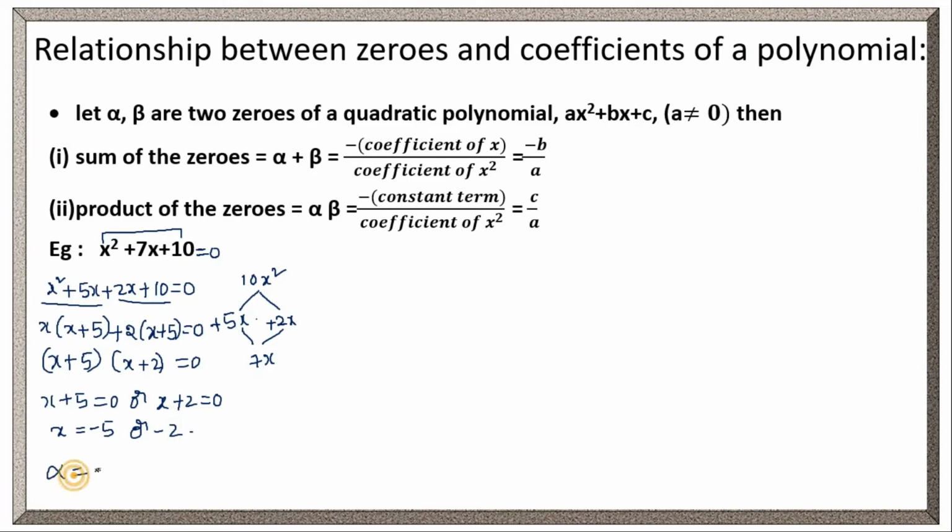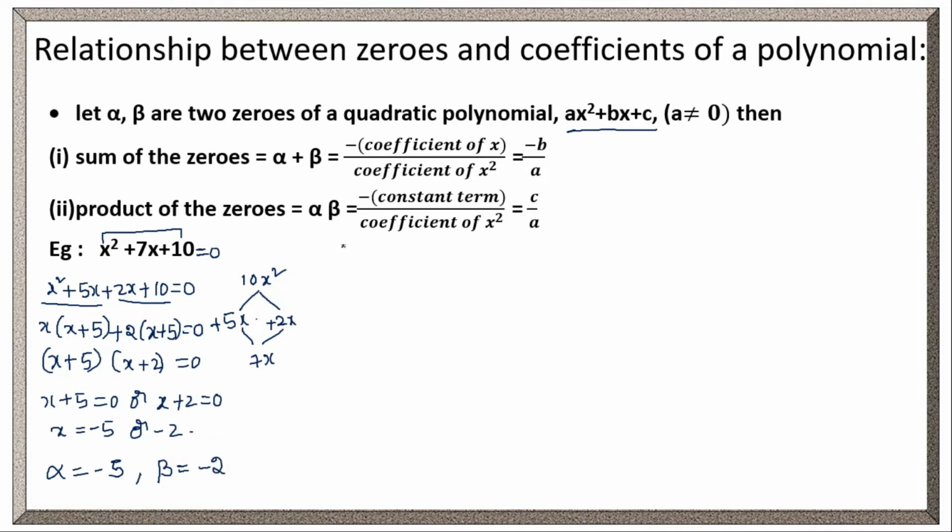Here we got the zeros as minus 5 and minus 2. The book says, let alpha and beta be the zeros of the quadratic polynomial ax square plus bx plus c, where a is not equal to 0. So we choose alpha equal to minus 5 and beta equal to minus 2.